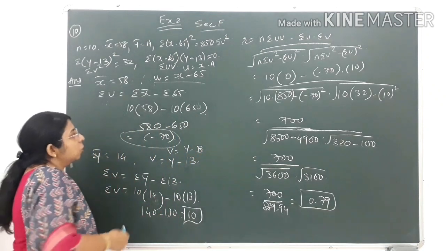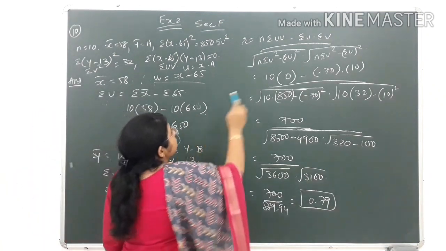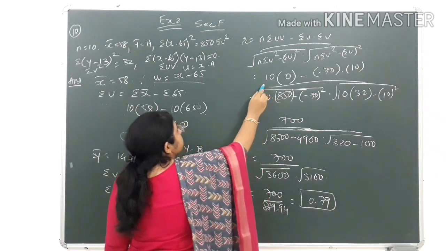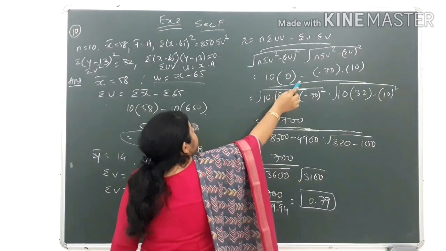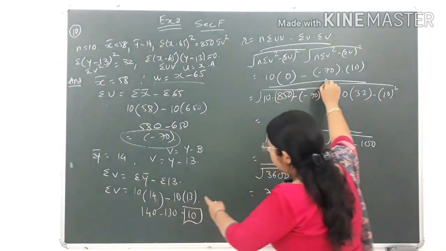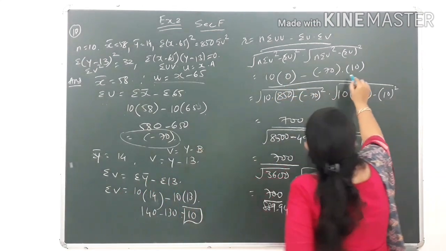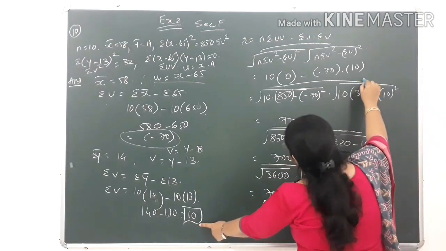Now it is very simple to place all the data in the formula. First of all, n, that is the number of observations, 10, sigma uv value already given in the question, that is 0, minus sigma u that we have found out recently, that is negative 70, into sigma v that we have also found out, that is 10.